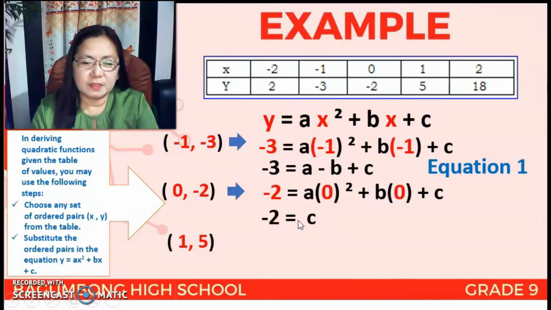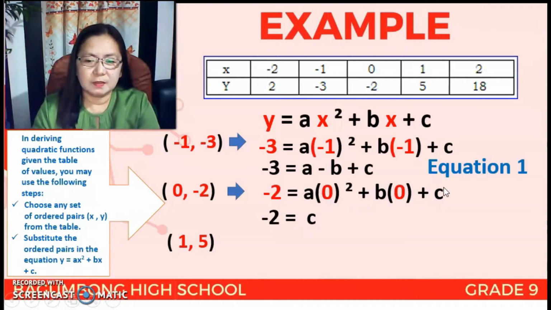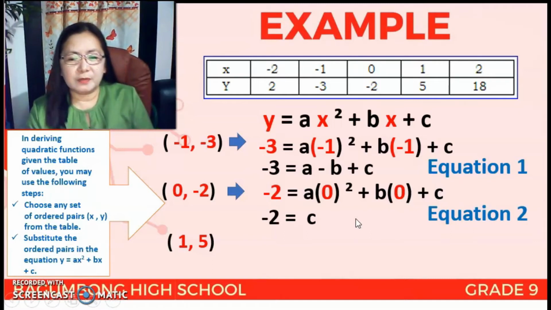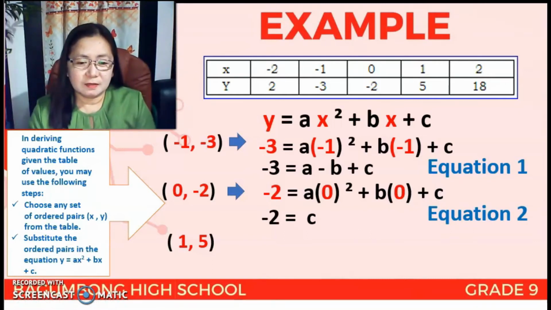Simplify, negative 2 is equal to c because 0 squared times a is 0, and 0 times b is 0. So we still have c. So this will be our equation 2. Actually, we already have the value of c, which is negative 2.